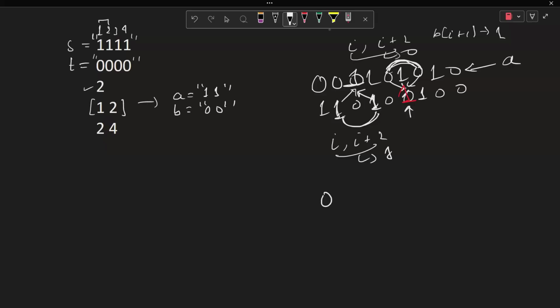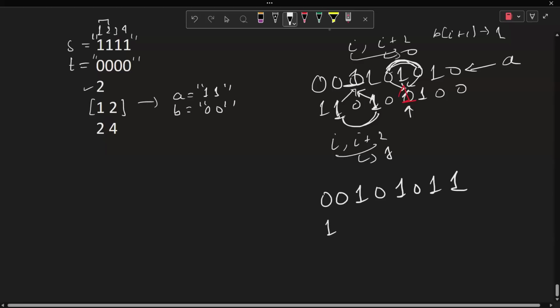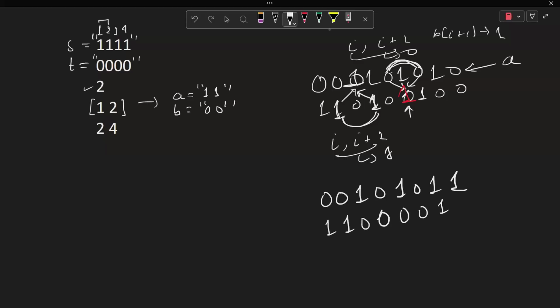If you take a closer look, let's say you had this. If we have ones in A, it's okay, we would have ones there.